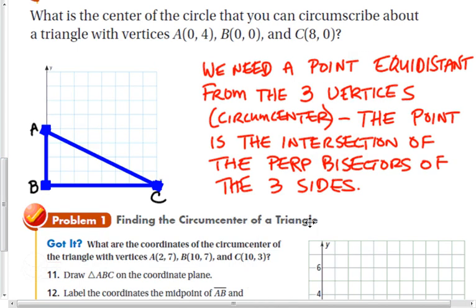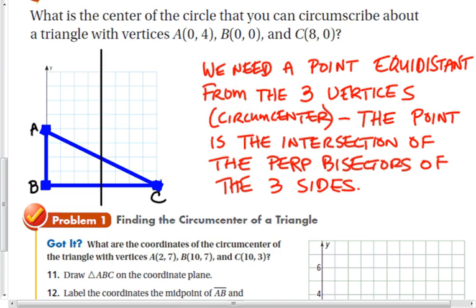All right, so I drew my triangle here, ABC, and what we need to do is find the point that's equidistant from the three vertices, which is the circumcenter, and the point is the intersection of the perpendicular bisectors of the three sides.